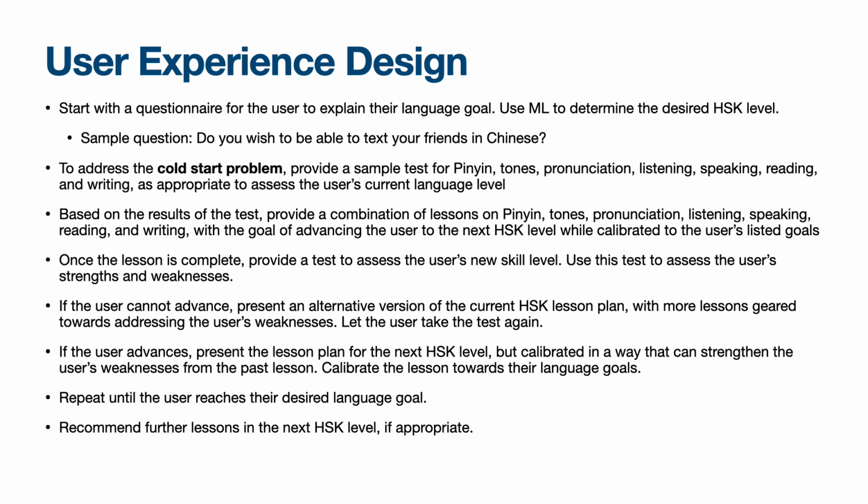And we'll keep repeating until the person reaches their goal. And once they are done, if there's a higher HSK level that the person can still achieve, then we would recommend further lessons if the person still wants to continue to learn.